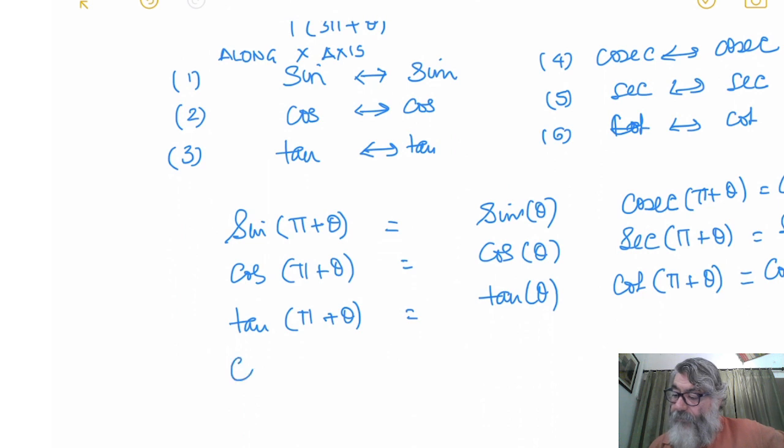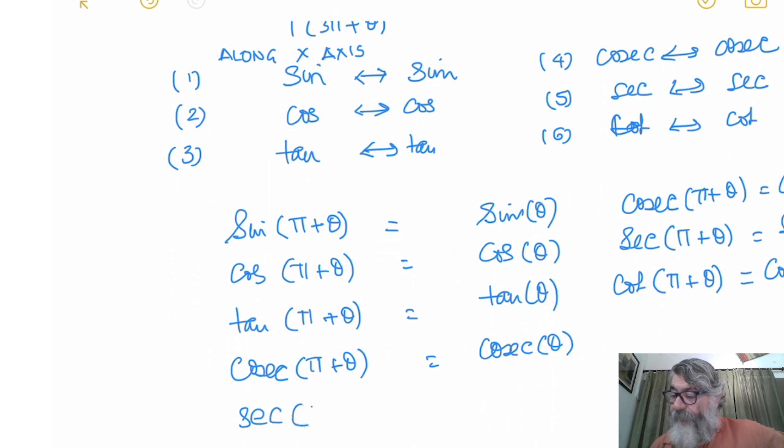Cosec pi plus theta will remain cosec theta. Sec pi plus theta will remain sec theta, and cot pi plus theta will remain cot theta.